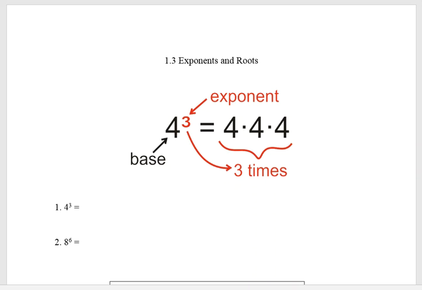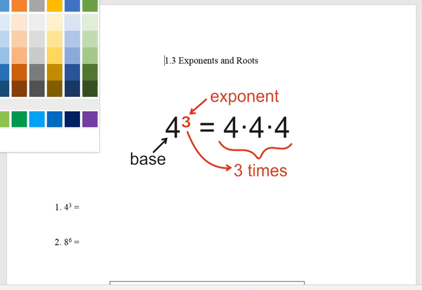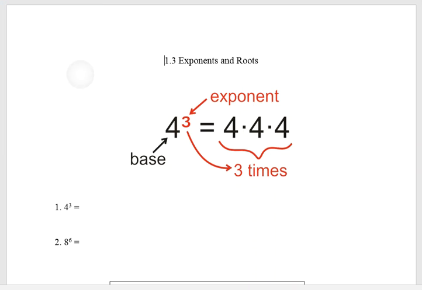Instead of having to plug into the calculator 4 times 4 times 4, we can go 4, hit the exponent button, and then hit the 3. So using these on our calculator, there's 2 buttons that you might be using depending on your calculator. So let me turn my pen on real quick. So one of those buttons looks like this, and this is called a caret.